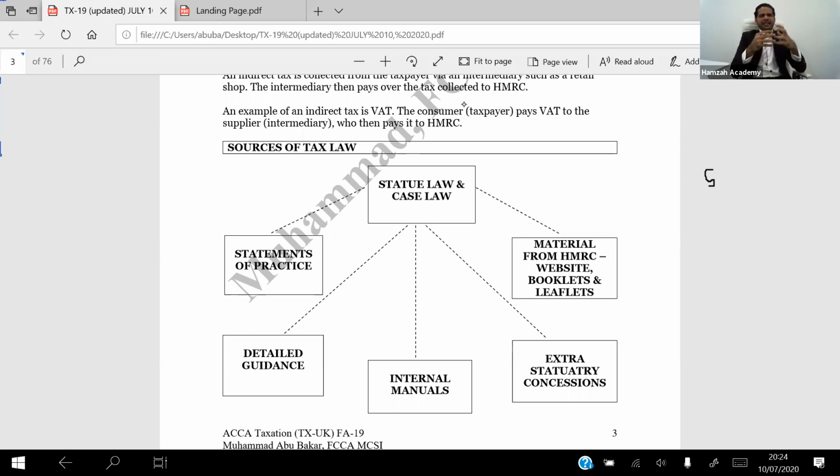Then if a taxpayer has an issue, he is going to appeal to the same tax department: you have sent me this notice, I disagree with you. He will have a hearing with the first officer. So imagine your sources are piling up. Now you have an opinion or a statement from an officer.